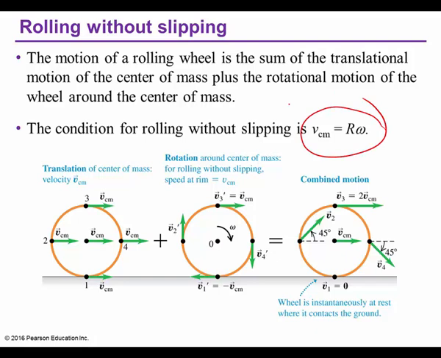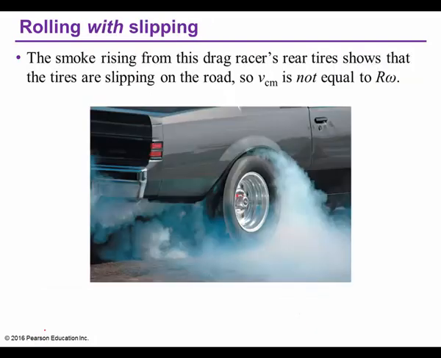There's another equation, a real simple equation. And here they show you the dragster doing the burnout. I know there's a reason for that, but you have to realize that thanks to the spinning of the wheel and the slippage of the wheel, the velocity of the center of mass will not be equal to that.